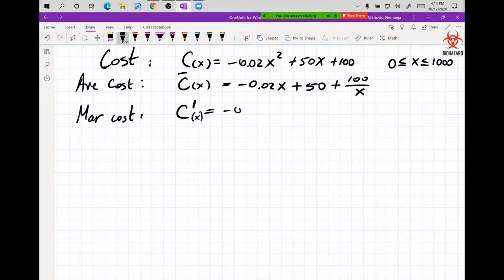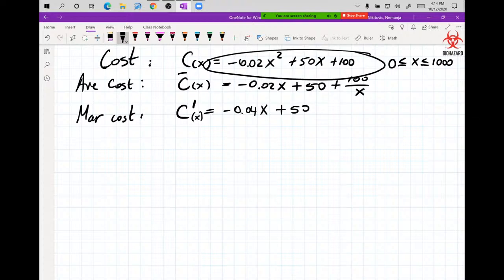So negative 0.04x plus 50. Now, when you take the derivative here, it's a basic polynomial. So taking the derivative, that 2 will drop down and multiply, 2 into 0.04, and then derivative of 50x is just 50, derivative of 100 is 0.